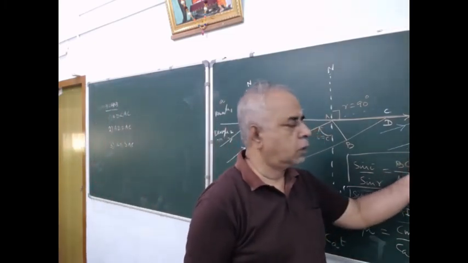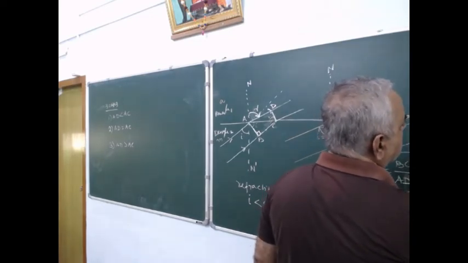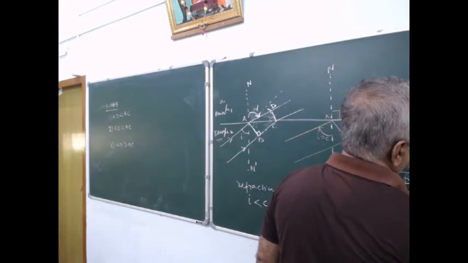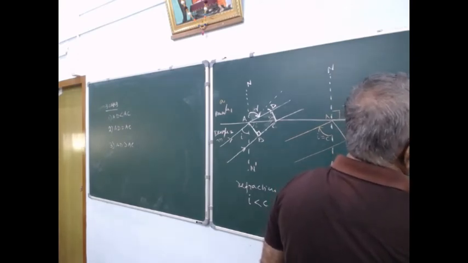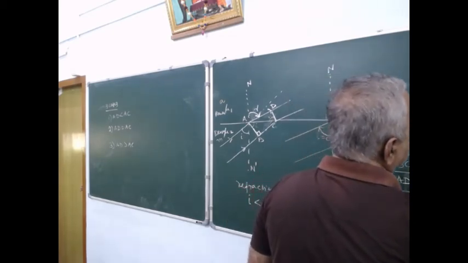It means total internal reflection takes place. So this is AD, and AD is greater than AC.